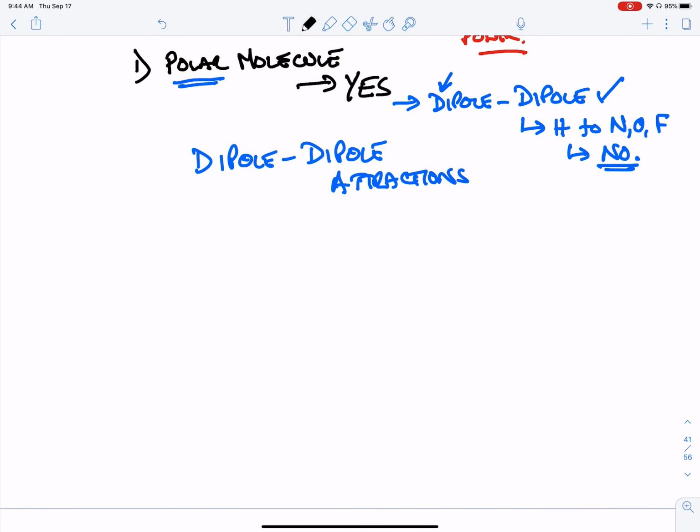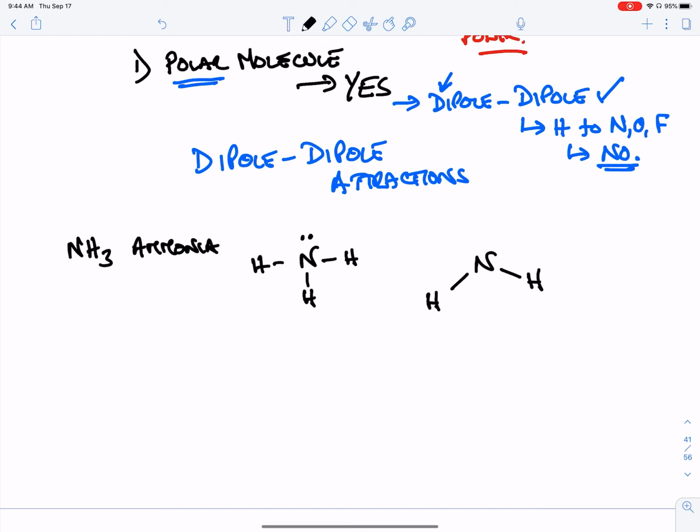And so we could say, well, what about if you're given NH3, which is ammonia, the gas? You would draw a Lewis structure, and then you would say, oh, well, I need to draw a three-dimensional representation of this.